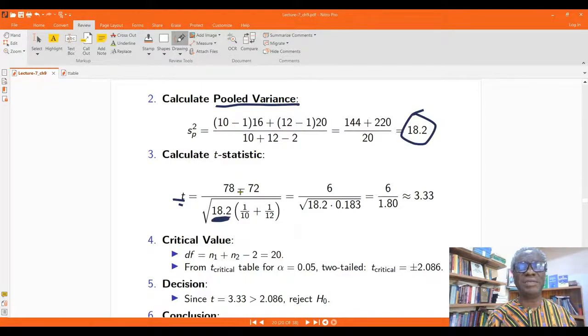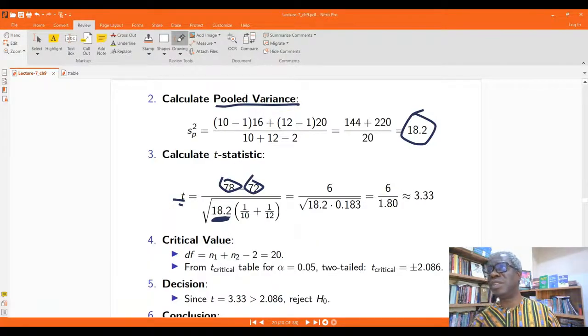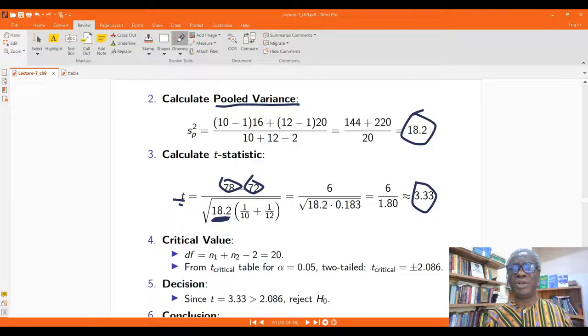The 78 minus 72, that is the sample mean for method A, and this is the sample average for method B. But you know, mu1 minus mu2 is already specified to be 0, no difference. So that's why that is not there. So you have the t value to be 3.33.